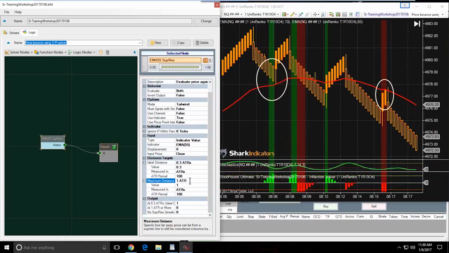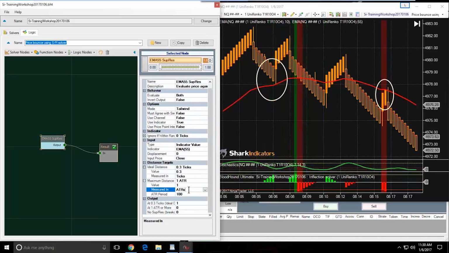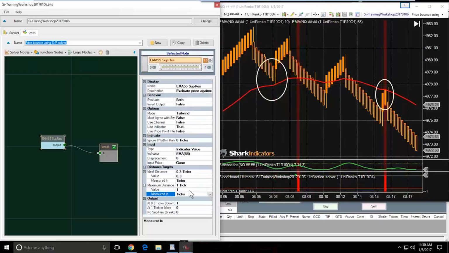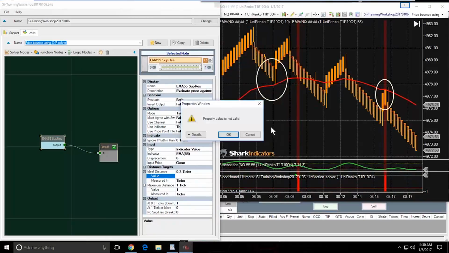But just to keep the training simple to understand, I'm going to change from ATR to ticks. Ticks is a lot easier to visualize than an ATR, so I'm going to switch everything over to ticks just so it's easier to see. And let's see, what are we using? The NQ here.